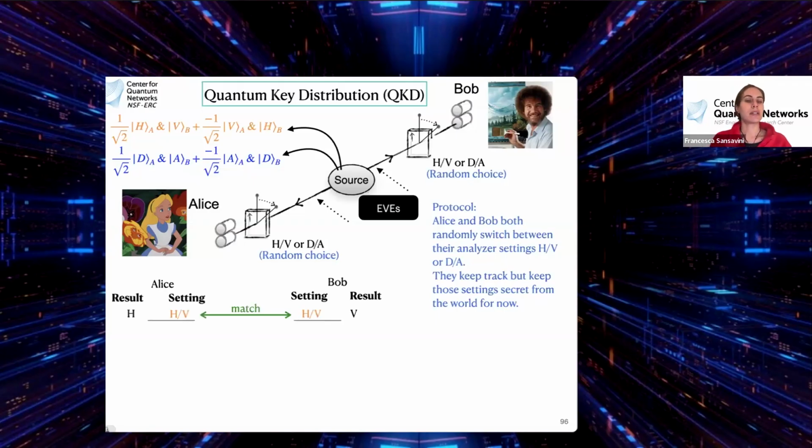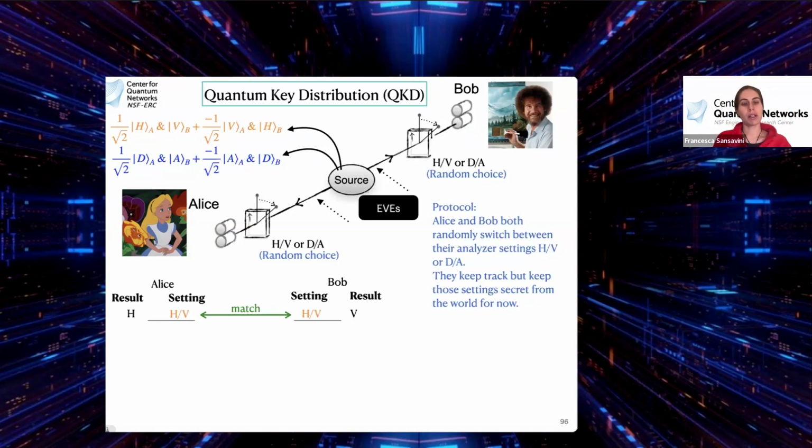So let's see what happens. Let's say that randomly Alice picks HV and randomly Bob picks HV. Bob doesn't know what settings Alice has picked, and Alice doesn't know what settings Bob has picked, but they randomly picked both HV.